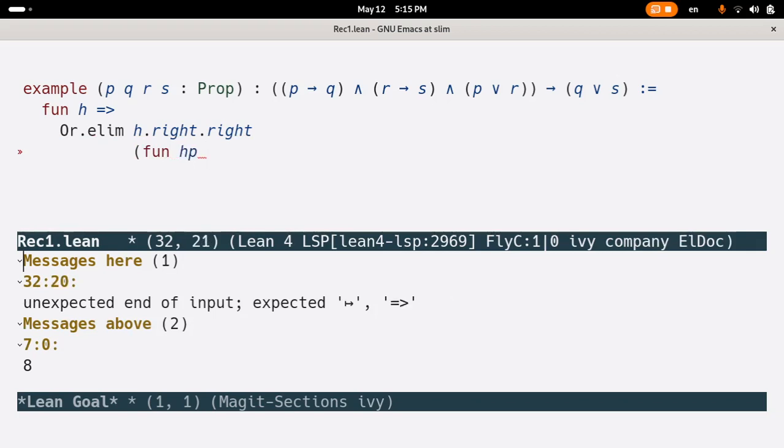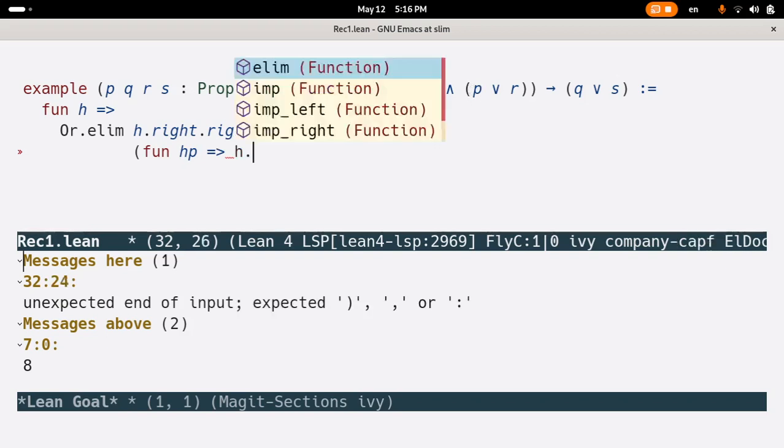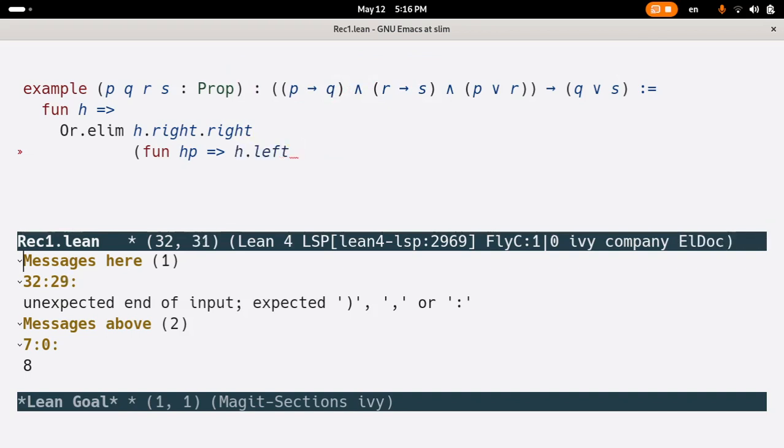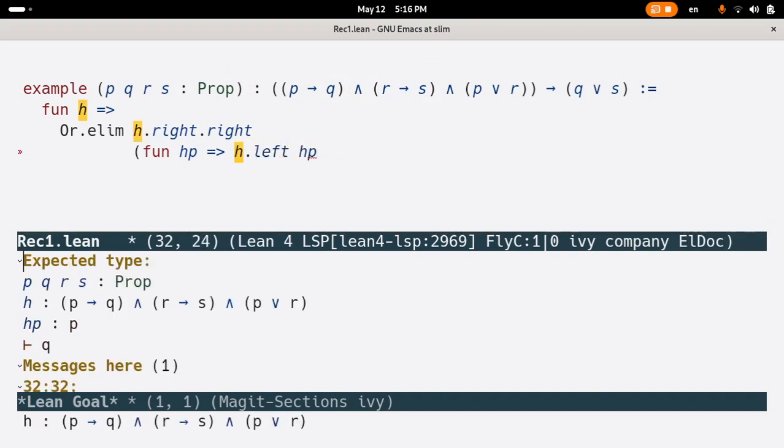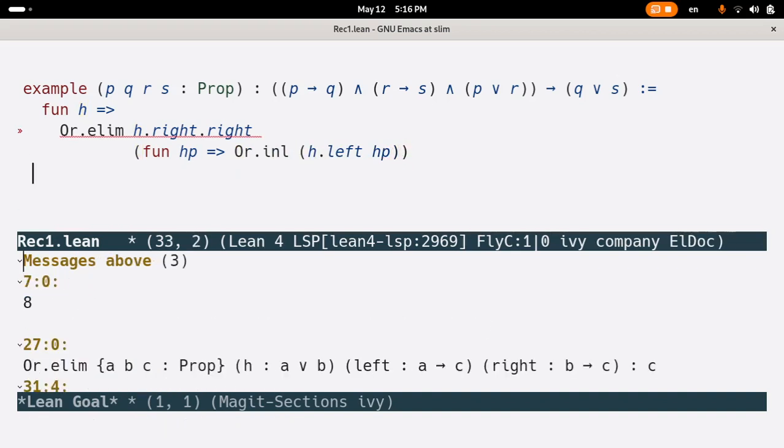Now we have to produce a proof of Q or S from a proof of P. If P is true, then we can take H.left, apply it to HP to get a proof of Q. And therefore, we can prove Q or S by introducing the proof of Q via left.